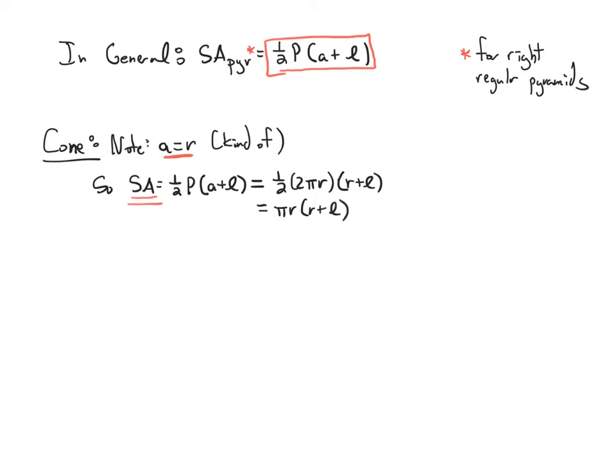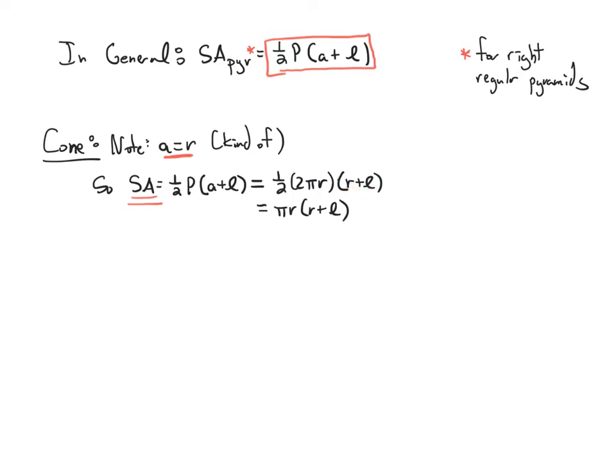Same idea, half the perimeter times A plus L. Well, we know the perimeter of a circle is, of course, 2 pi r. So it's half times 2 pi r times this A plus L, but remember, A and R in a circle are basically the same thing.